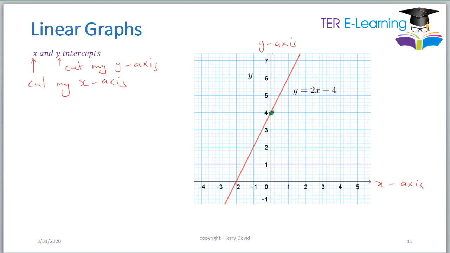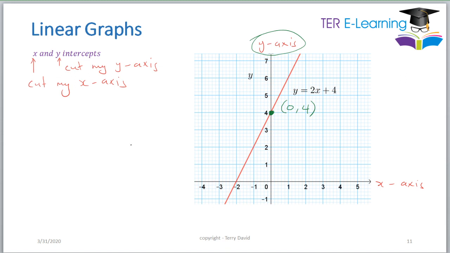This is where I'm cutting my y-axis, right? Because this here is my y-axis. Sorry, my y-intercept has to be given as a coordinate. So the y-intercept is written as (0, 4), right? So that is what my y-intercept is.